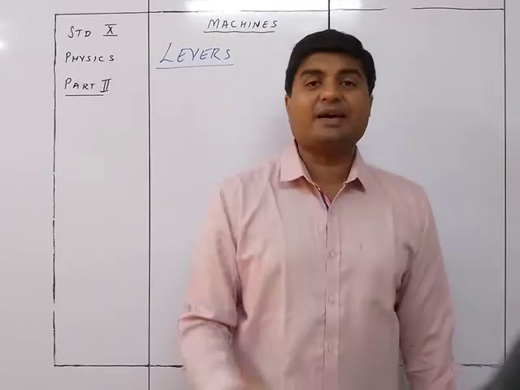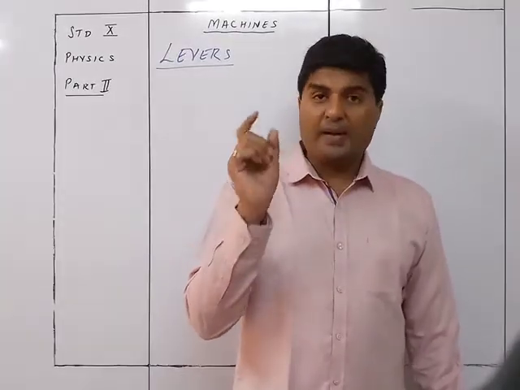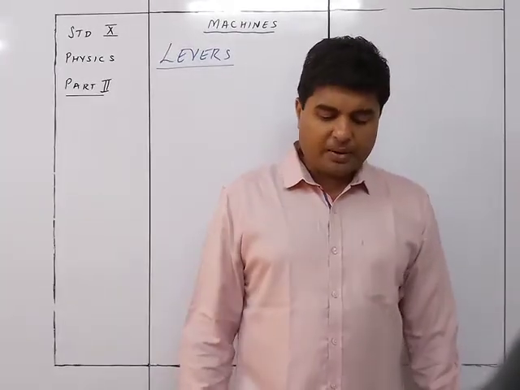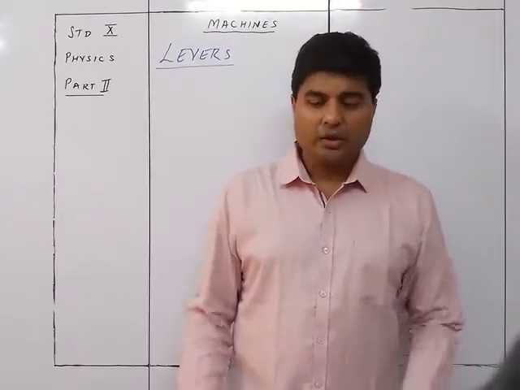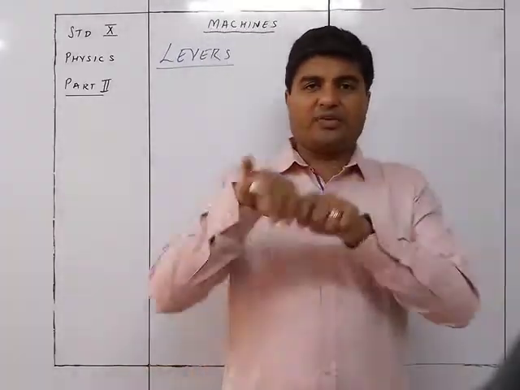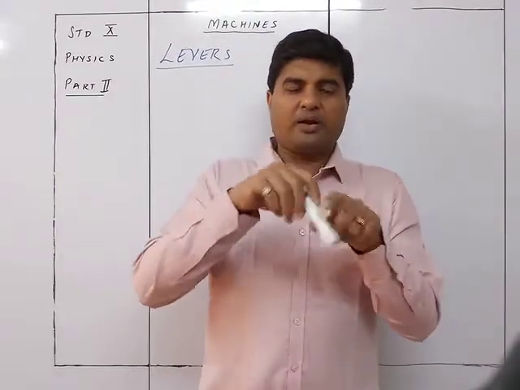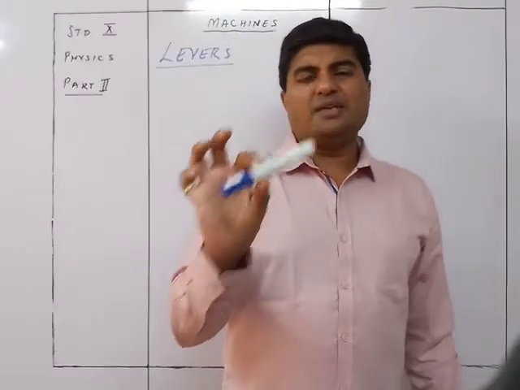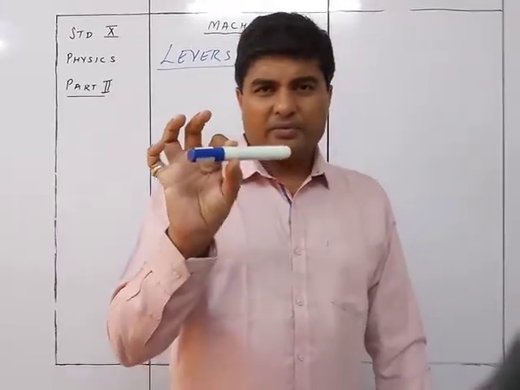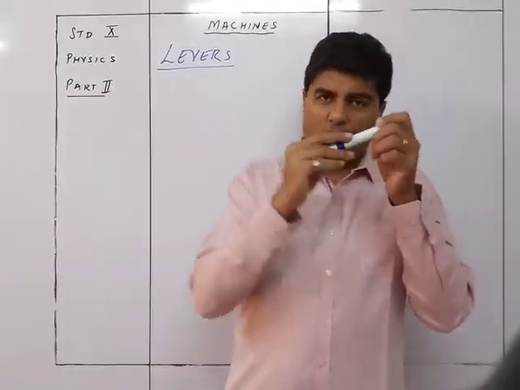A lever is a rigid, straight or bent bar which is capable of turning about a fixed axis. You can turn this around the fixed axis, you can turn it like this, you can use it for rowing. So this is a simple rod which could be either a straight bar or it could be bent.